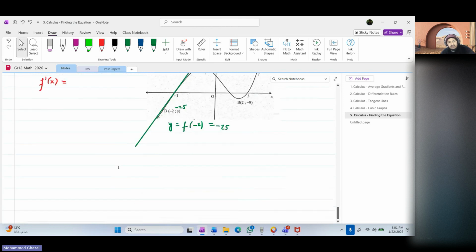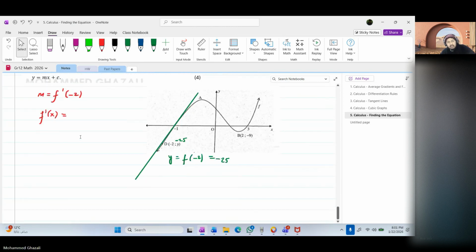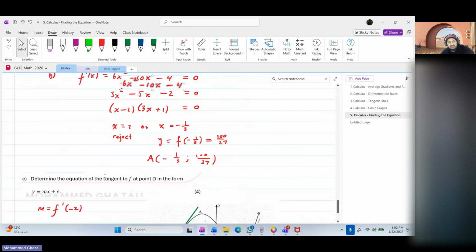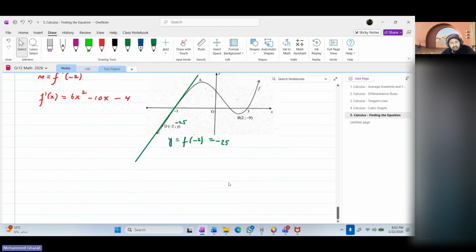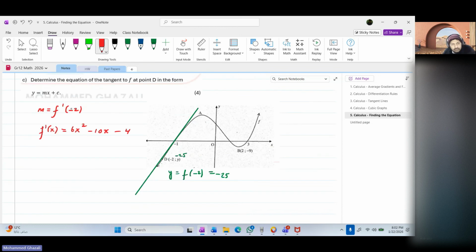What does f prime x represent again? The gradient function. So if you substitute a value inside the gradient function, it represents the instantaneous gradient. Right, so great. Now we're going to substitute -2 inside here. So f prime of -2, and that's how you're going to get the m value, the instantaneous gradient.